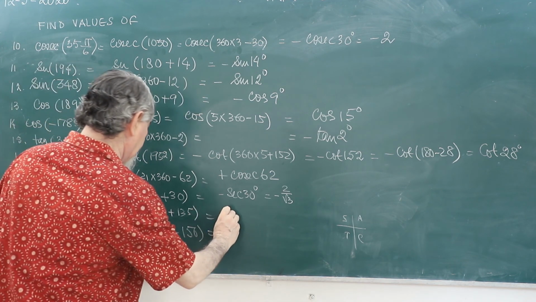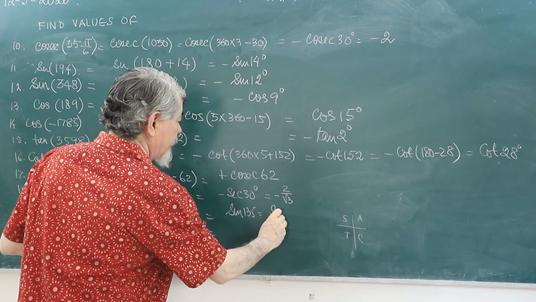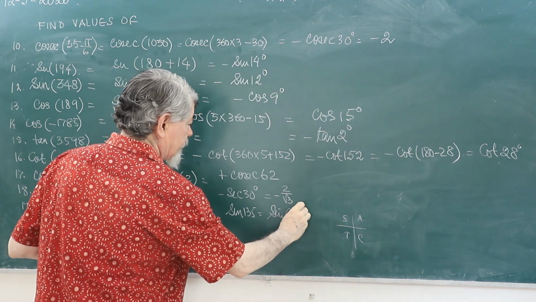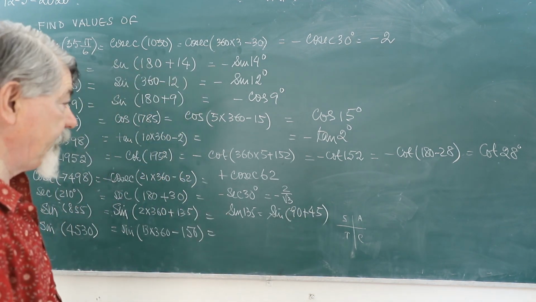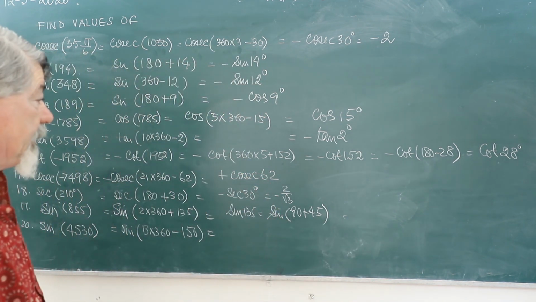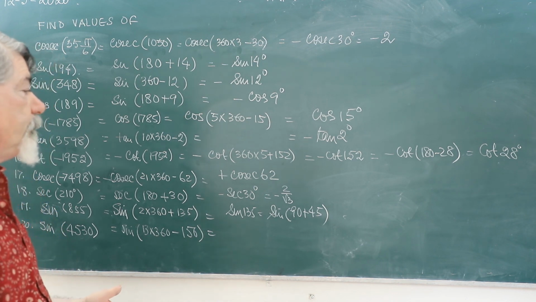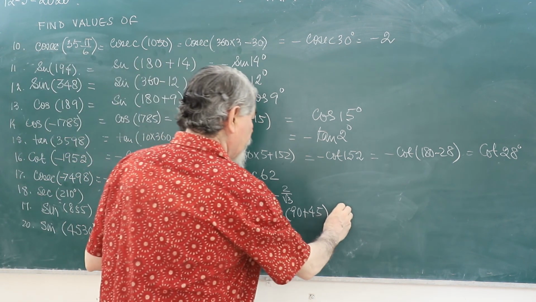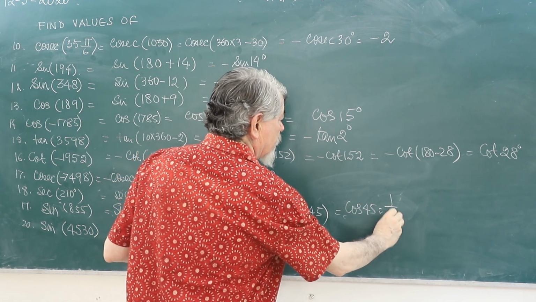It will come out to be sine 135, and then I can write 90 plus 45, which will be 135. So sine 90 plus theta is cos theta, and sine is positive in the second quadrant, so it will become cos 45. The value of cos 45 is 1 upon root 2.